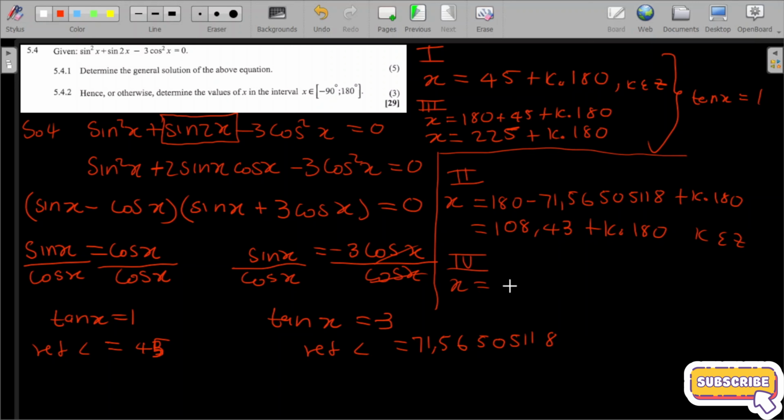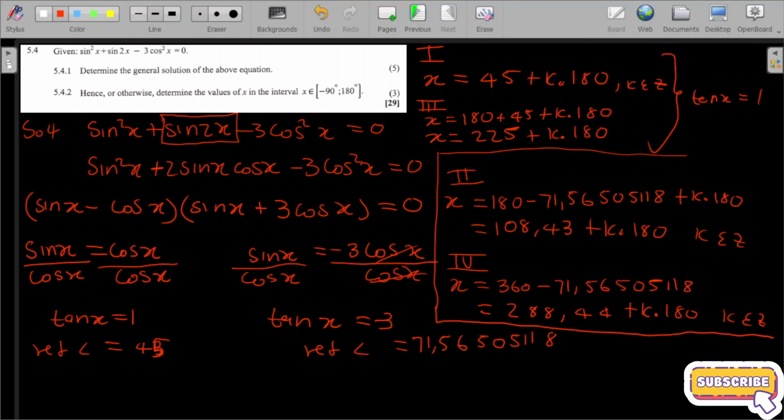So in the fourth quadrant, we get 360 minus my reference angle, which is 71.5650518, which is going to be 288.44. So plus k times 180. Remember, k is an element of the integers. So this is going to be my general solution where tan is negative 3.